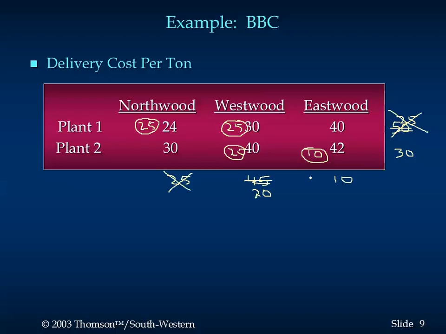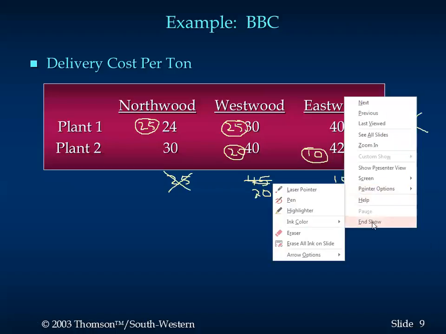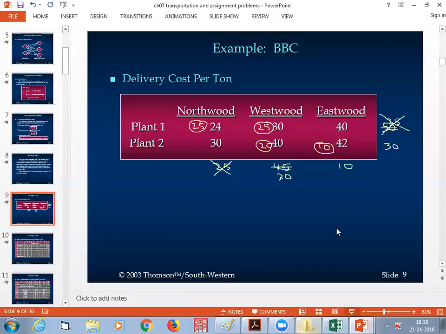To get the total cost, I have to multiply: 25 into 24, 25 into 30, 20 into 40, and 10 into 42. How much is that? No one has a calculator, of course. I also didn't bring mine, so we'll just have a look at Excel for this.